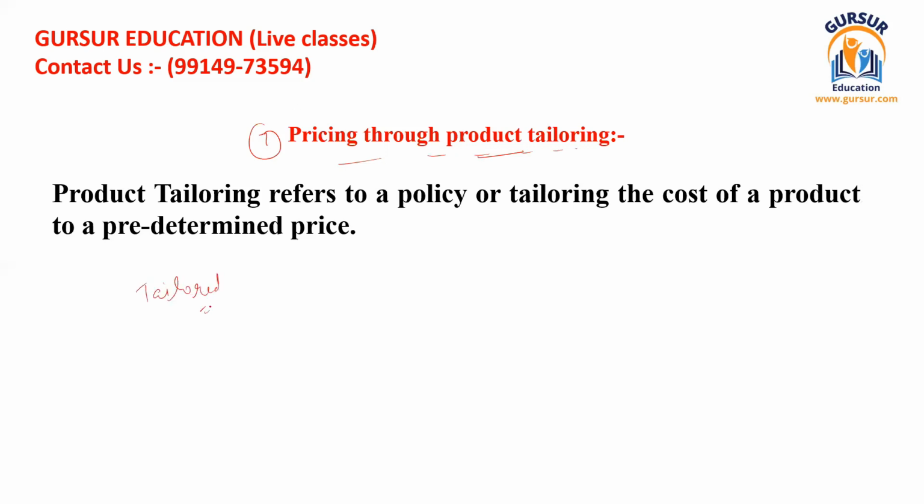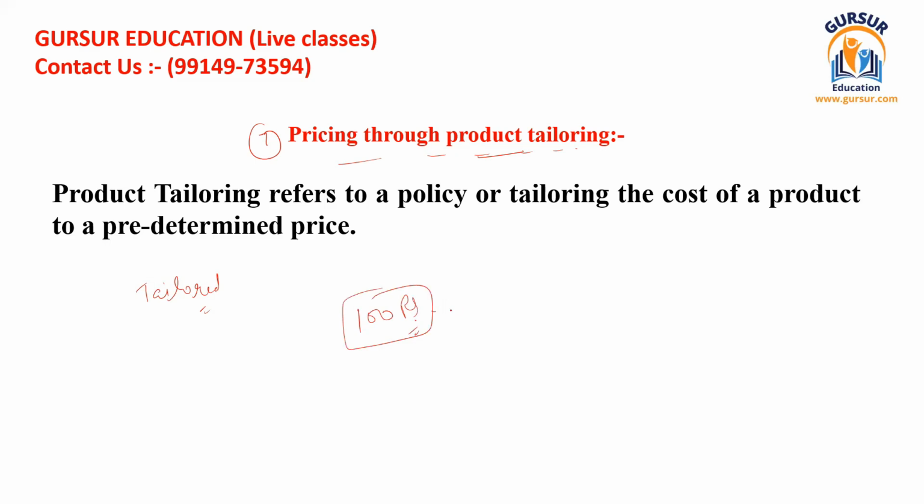What happens in that? First of all, the prices are determined, and after that, the production is started, and the production cost is adjusted on the basis of a predetermined price of the product. Suppose we have already decided that we have to sell at 100 rupees.